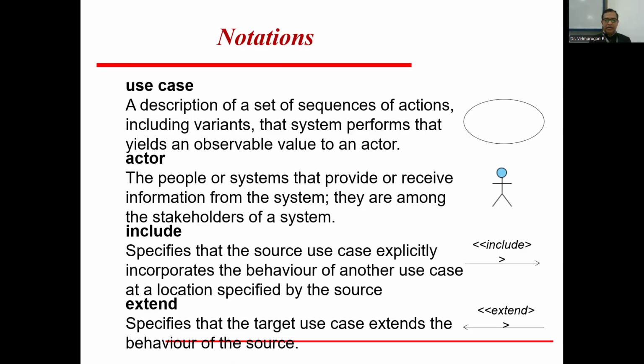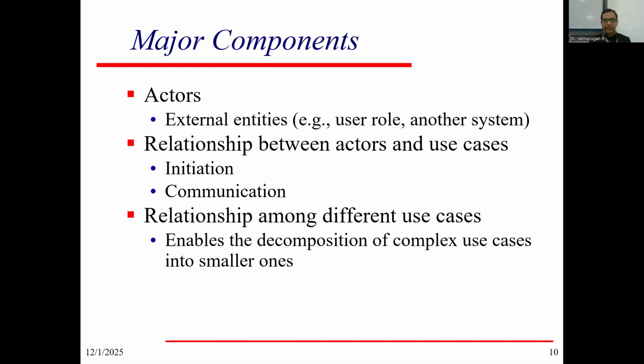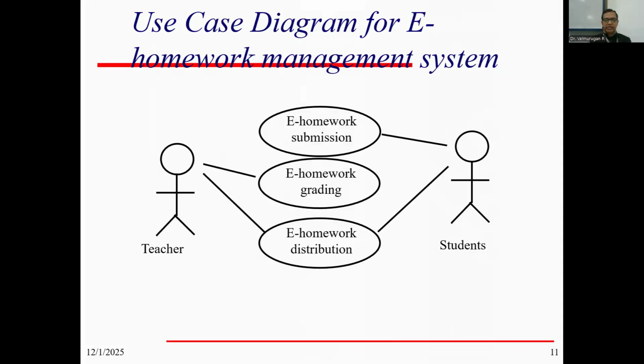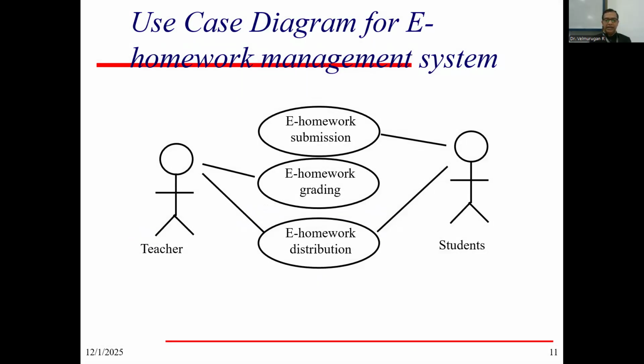Because of a particular functionality the system is capable of performing, the other part of the system or another system might have some kind of impact. That is what we call an extend use case. So it's a kind of behavioral impact over another system. So these are the different notations you can find in a use case. And these are the major components of a use case: actors, relationships between actors and use cases, relationships among different use cases, etc.